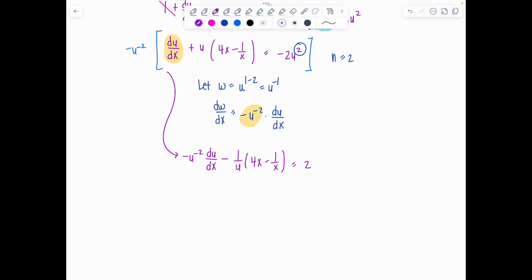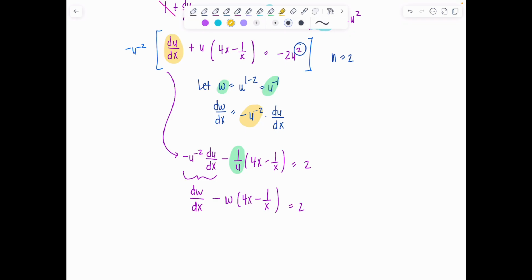Yes? Okay, so then this becomes dw dx minus, this is just my w, right? Yes. W times 4x minus 1 over x equals 2. Are we good? We're great.